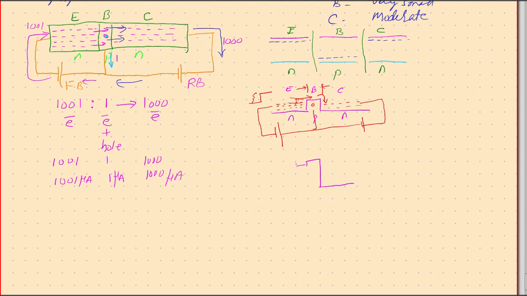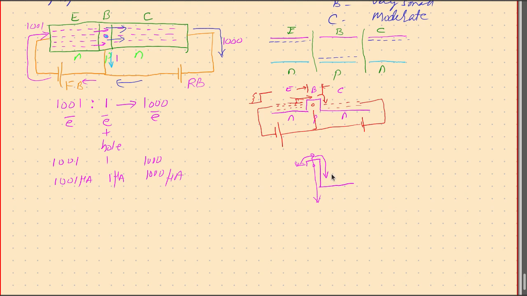So the electrons here are free to enter into the base. Few holes are there which trap these electrons, whereas the rest of the electrons just fall into the collector.